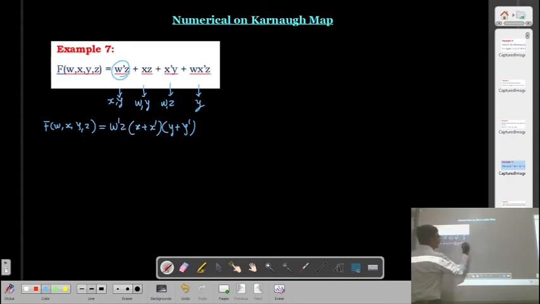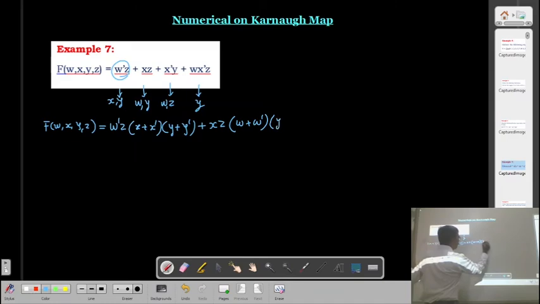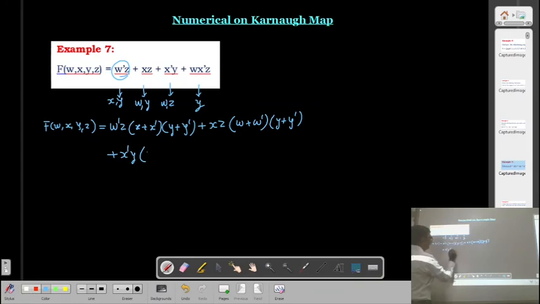Then in the second term, xz is there, but the w and y both are missing. So w plus w dash and y plus y dash. We have to add this. In the third one, x dash y, but the w and z are missing.